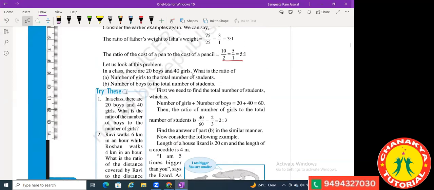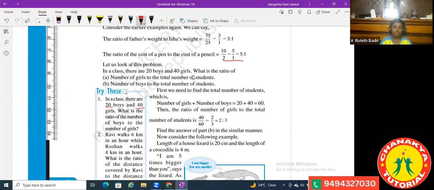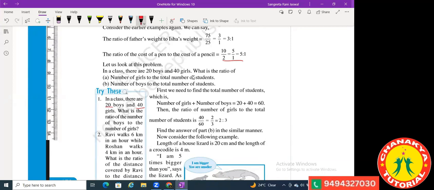Okay, let's try this. In a class, there are 20 boys and 40 girls. What is the ratio of the number of boys to the number of girls? So what is written first? Boys.